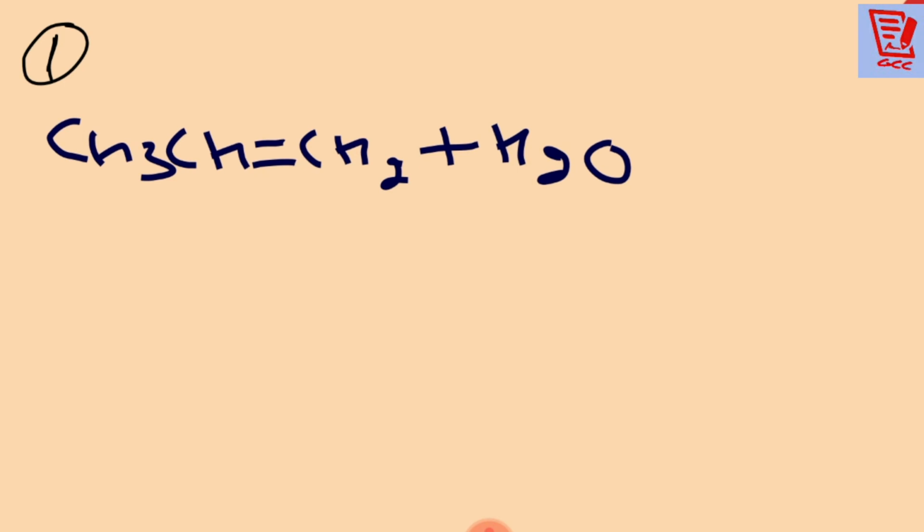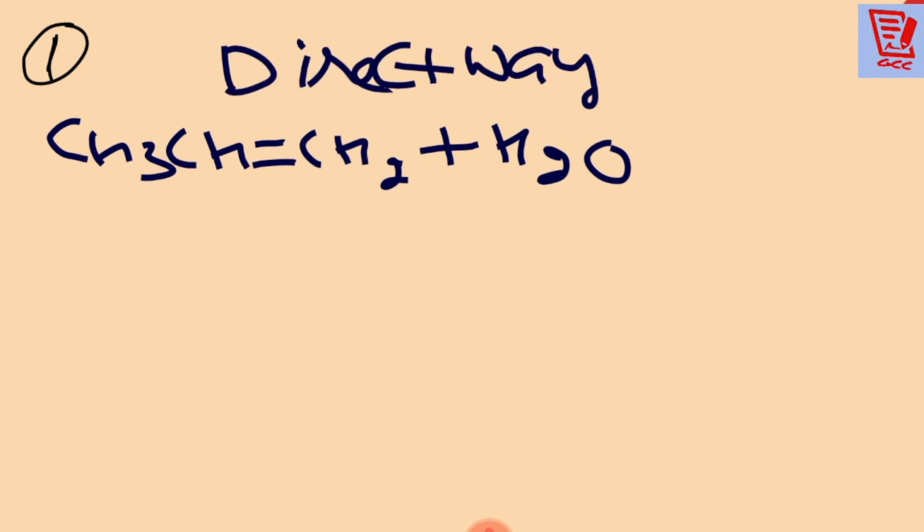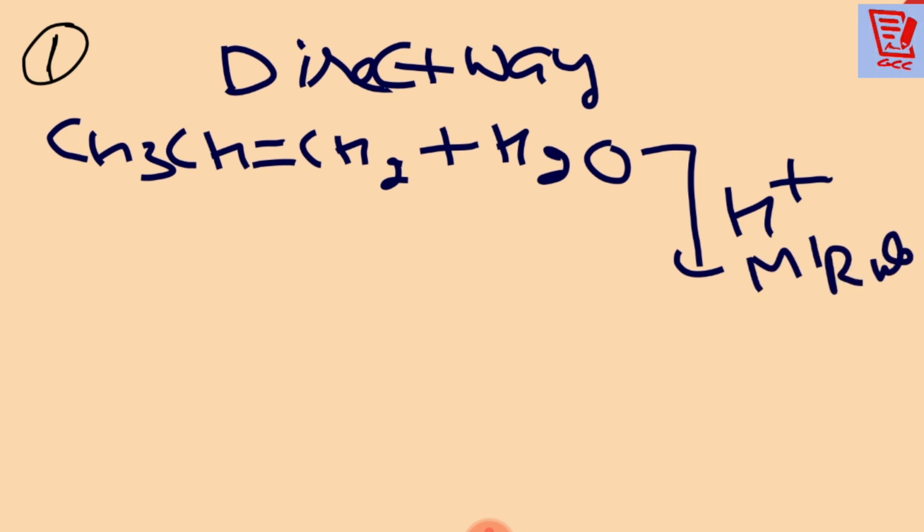This is the direct way, in the presence of H positive. So simply, for an unsymmetrical alkene, you add by Markovnikov rule, H positive OH negative.